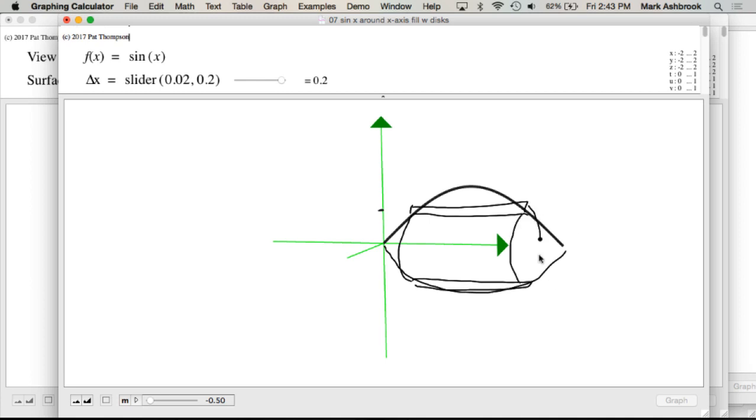And so here I'm drawing one shell, like that. So we got one of those shells.